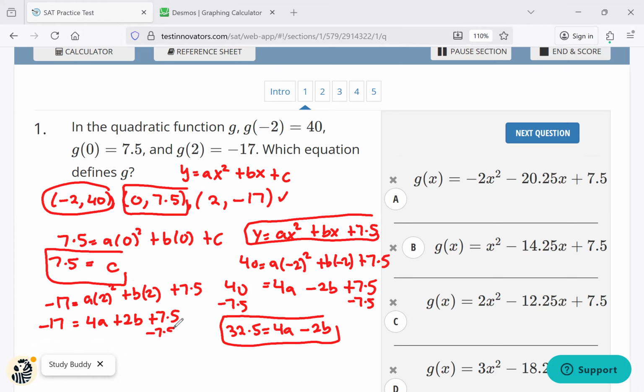Subtract 7.5. And you get negative 17 minus 7.5 is negative 24.5.